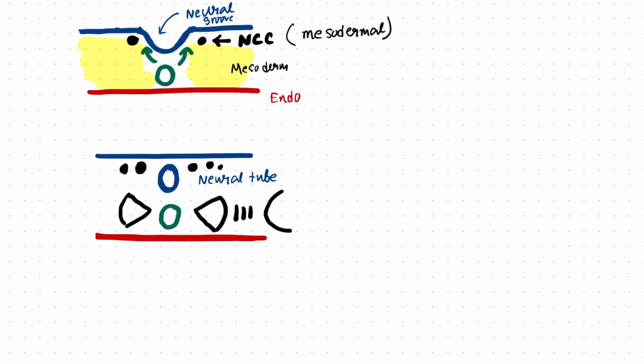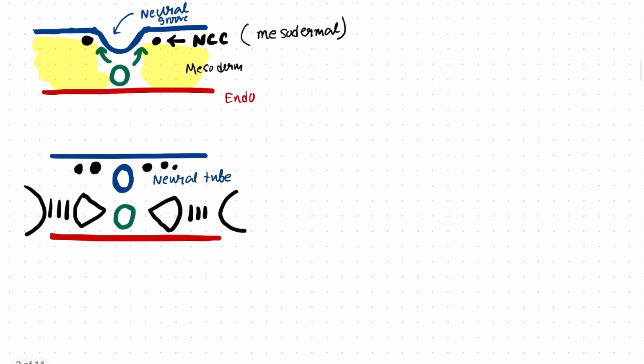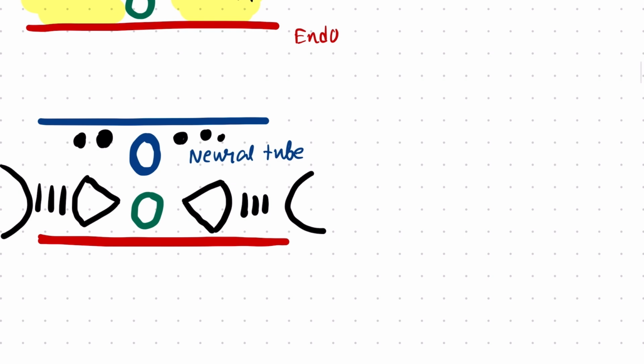This is paraaxial mesoderm, this is intermediate mesoderm, and this is lateral plate mesoderm. Of course, this is our endoderm, and also this is our ectoderm.